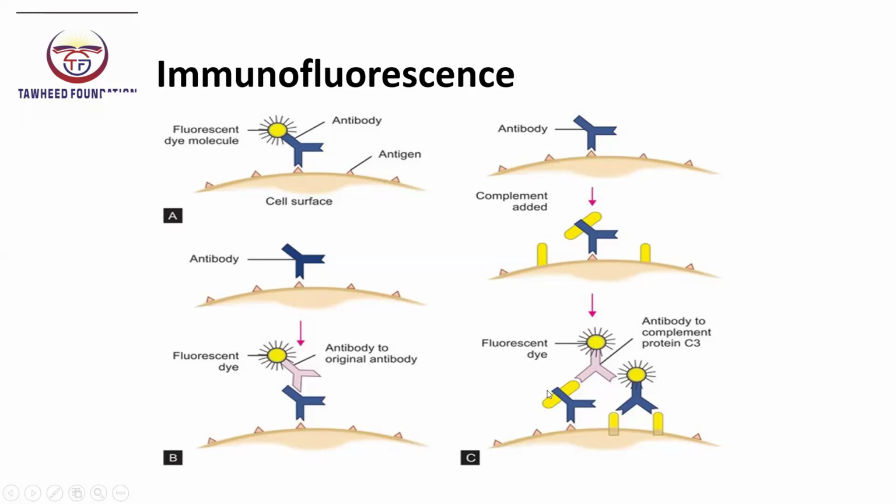In part C, complement is deposited on cells and a fluorescent labeled anti-complement antibody reveals the location of antigen-antibody-complement complexes. So, fluorescent labels allow visualization of antigens or immune complexes precisely where they are in cells or tissues.